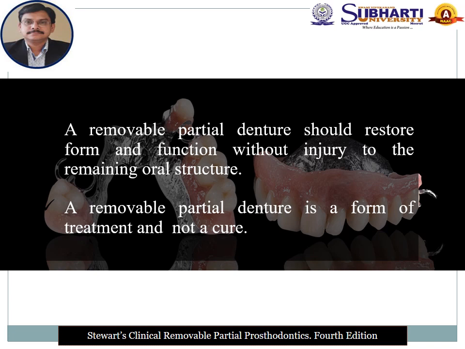But it is not always that we can just give and forget. We have to keep on recalling the patient and check the properties of the hard and soft tissue, because we know that with time the biological and histological properties of both hard tissue and soft tissue change under load. So we have to keep on adjusting our RPD.